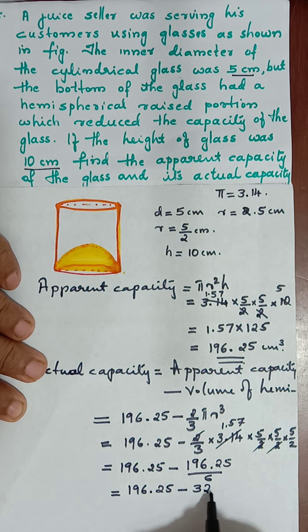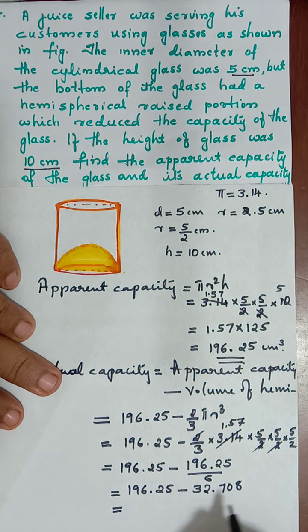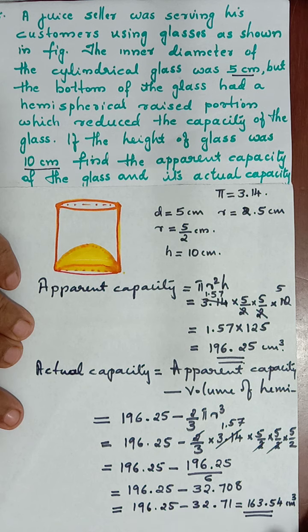When you do division, 32.708. 32.708 can also be written as 32.71, we are going to rewrite it as 32.71. 196.25 minus 32.71, what is that equal to? It is 163.54 cm cube. That is the actual capacity of the glass.